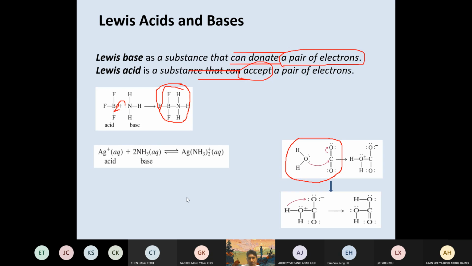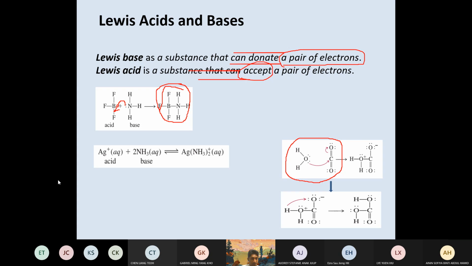Can anybody guess the rest? Yes, Bronsted-Lowry is related to the proton, that means the hydrogen ion, but Lewis is based on electrons. That is a very good observation.